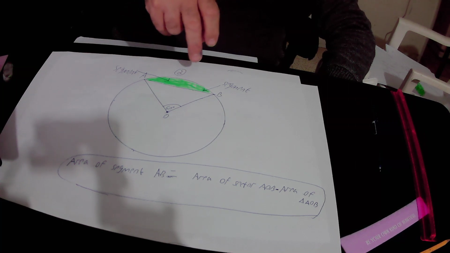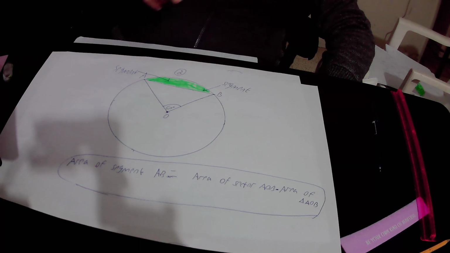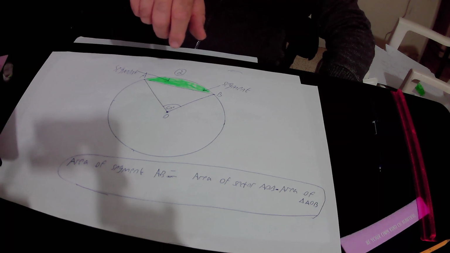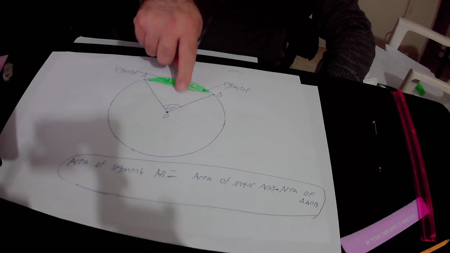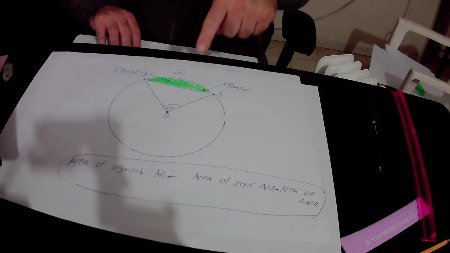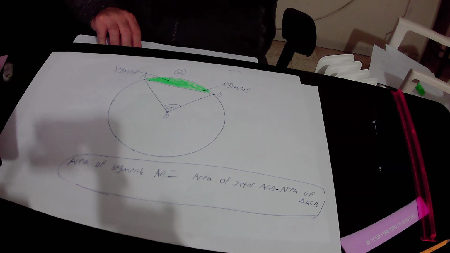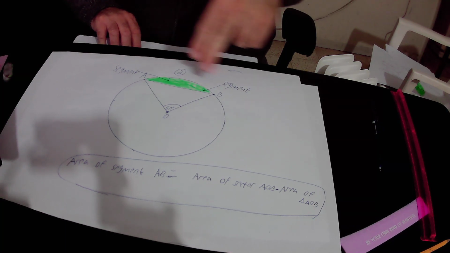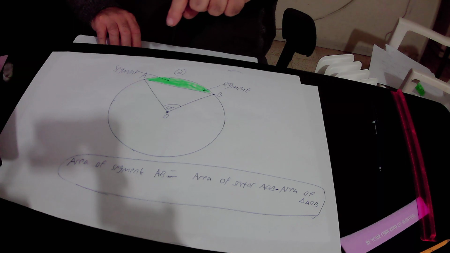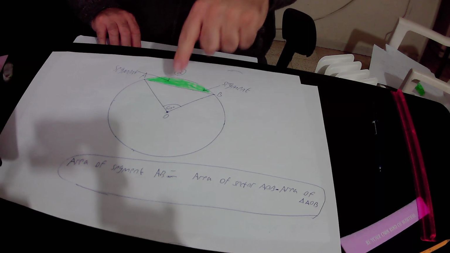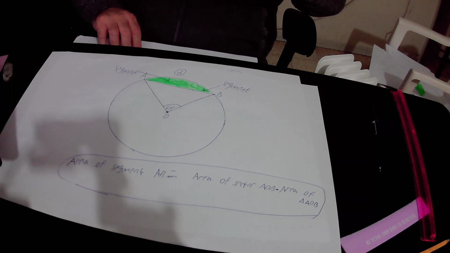So AB is a segment of this circle, and the area of a segment equals the area of sector AOB minus the area of triangle AOB. Again, the area of segment AB in the green color equals the area of sector AOB minus the area of triangle AOB.